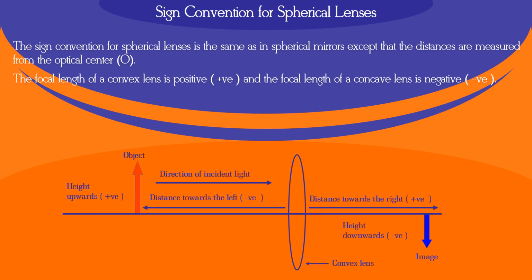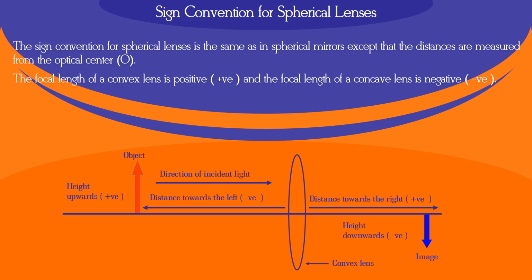Sign convention for spherical lens. It is a convention which fixes the sign of different distance measures. The sign convention followed is the new Cartesian sign convention, and it has the following rules, same as that for mirrors. The first one, the principal axis of the lens is taken along the x-axis of the rectangular coordinate system, and the optical center of the lens is taken as origin.